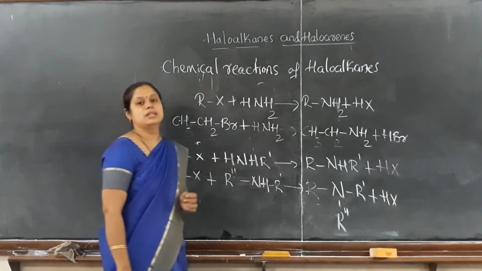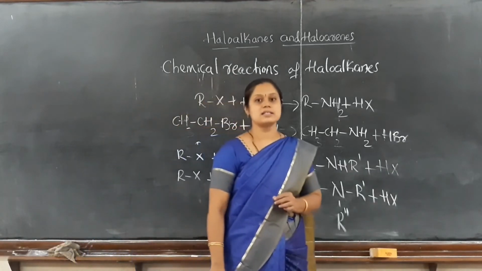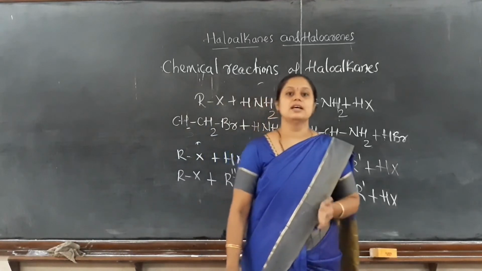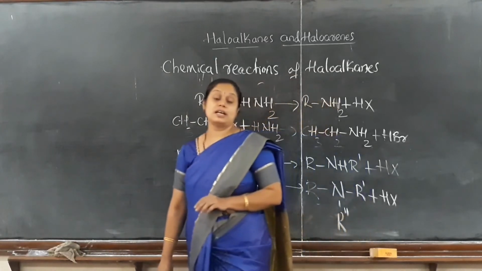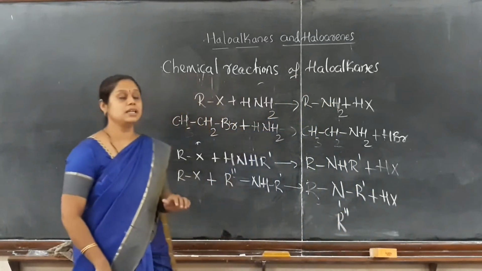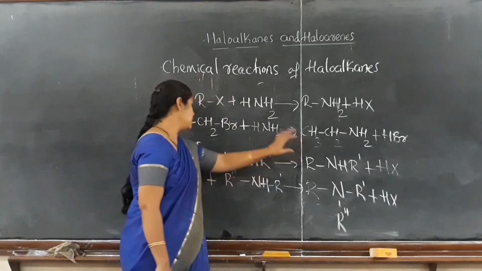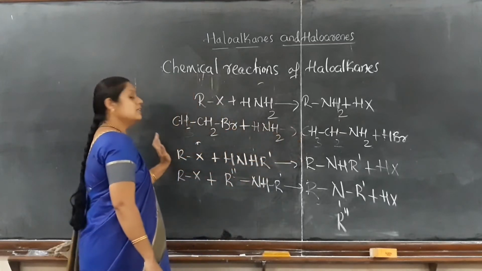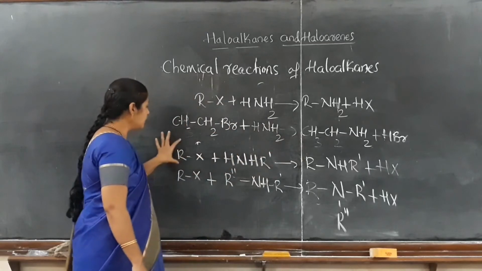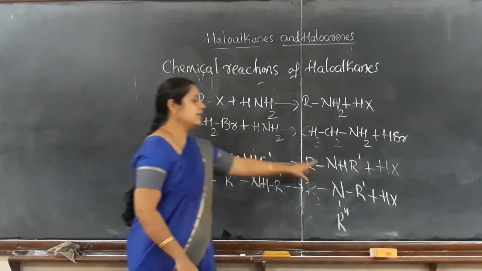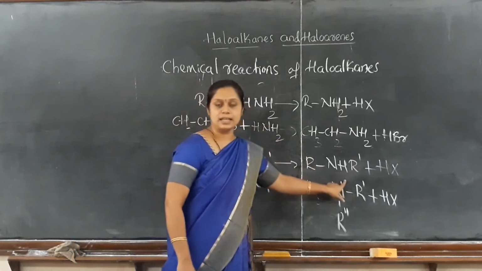If the alkyl halide is taken in excess, then alkylation of the primary amine takes place and it is again treated with alkyl halide and forms a secondary amine.